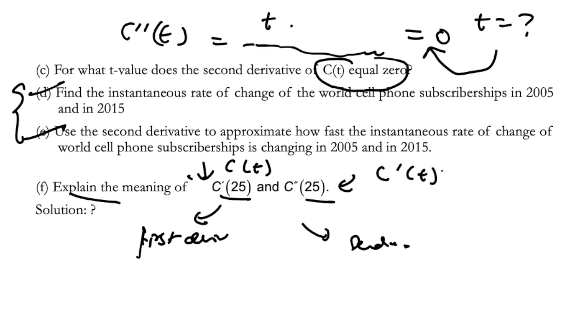We know that C prime of t is also known as instantaneous rate of change or derivative. So how do you interpret the result? Can you figure it out? I may ask you in the quiz. All right, that's it for now. We'll see more applications of derivatives later.